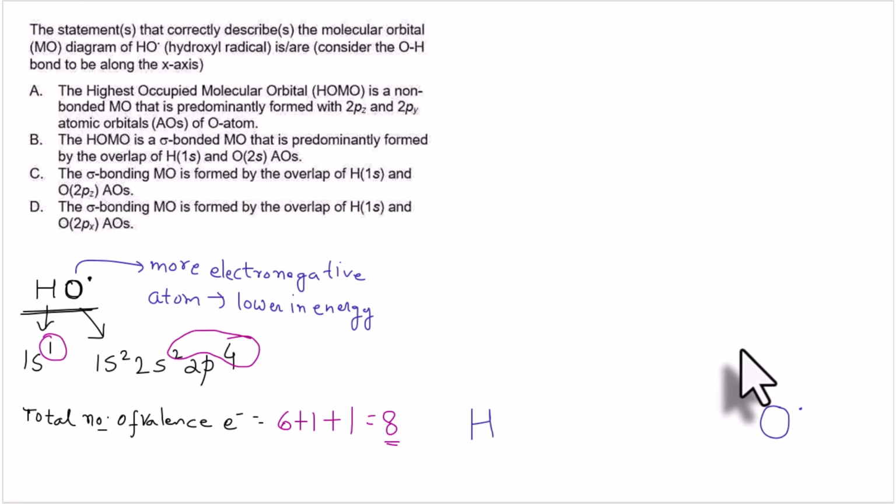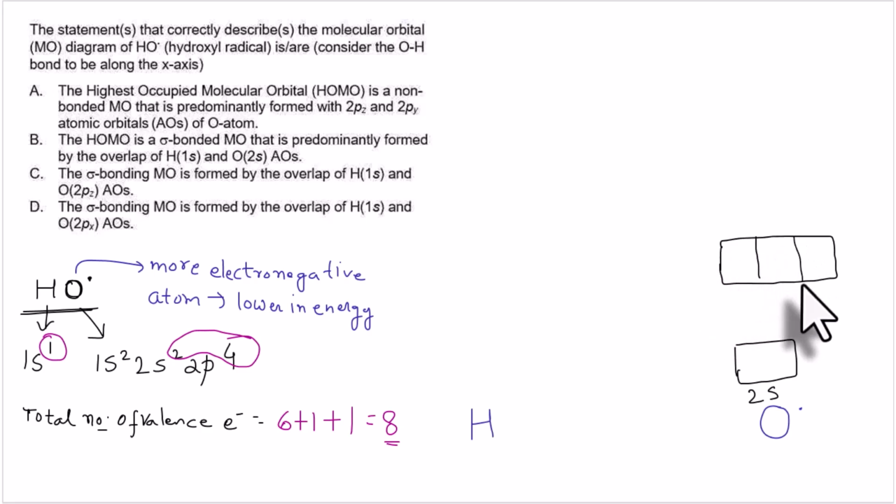Now we place the 2s atomic orbital of oxygen here, and next comes the 2p, so we place the 2p atomic orbitals of oxygen here. Then we place the 1s atomic orbital of hydrogen much higher than 2s and a little bit higher than the 2p oxygen atomic orbitals.